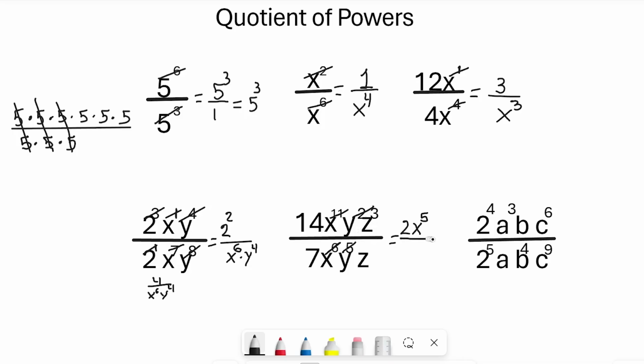And I'm going to end up with y to the 3rd power. Okay, and it's easy for you to see where the leftover is going to be, right? You have 2 on top, 5 in the denominator, and of course when you cancel them, you can cancel 2 out of 5, and the leftover should be here in the denominator.